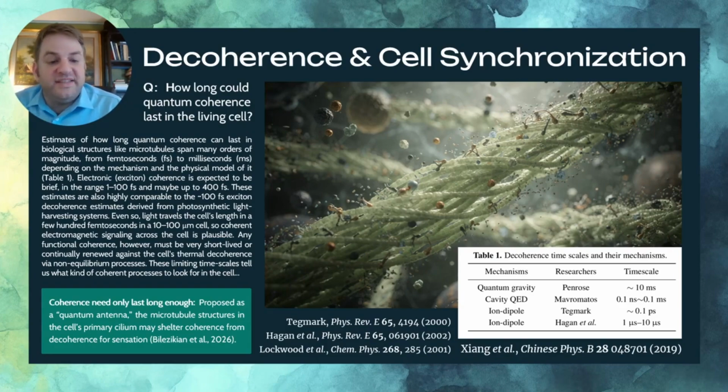Proposed as a quantum antenna, the microtubule structure in the cell's primary cilium may, for example, shelter coherence from decoherence for use in sensation, in a recent proposal just from 2026. So I think there's a lot of very interesting work to be done if we are meticulous in our studies of the decoherence when we propose potential coherent quantum effects as physiologically significant in the cell.